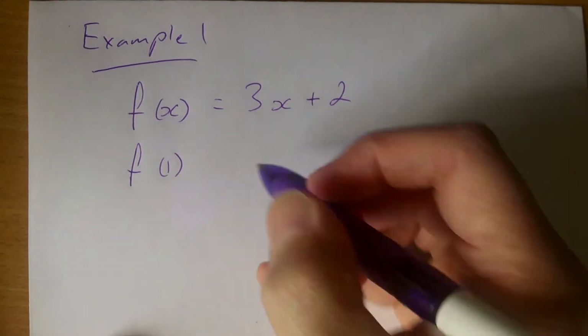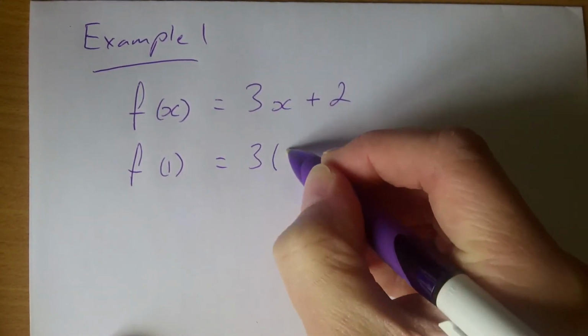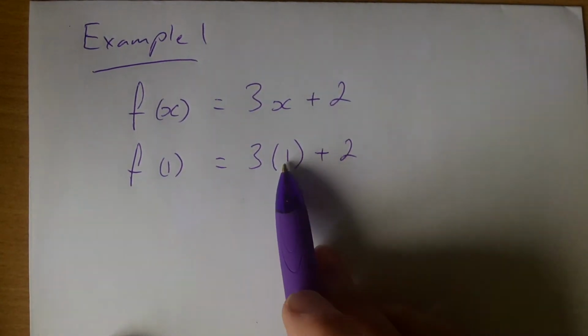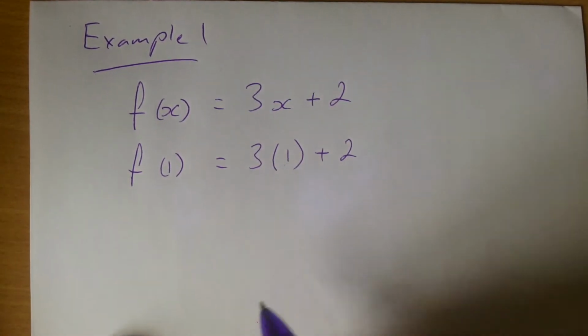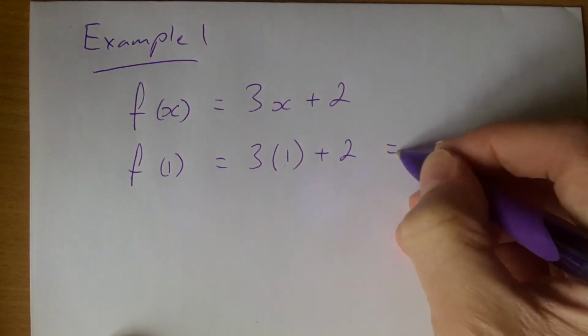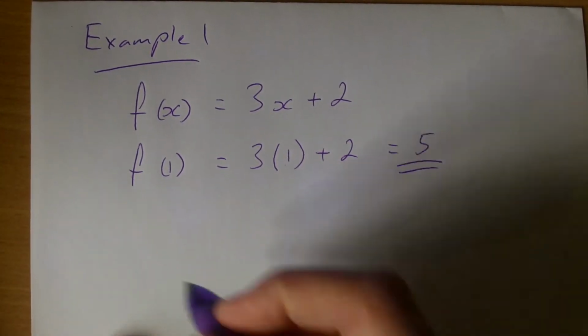That says f of 1. So I'll just continue that down and say, well, that's 3 times 1. Whenever I'm doing functions, I put it in a set of brackets to say I'm substituting that in for the x. So that's just 3 times 1 plus 2. 3 times 1 is 3, plus 2 is 5. So f of 1 is 5.